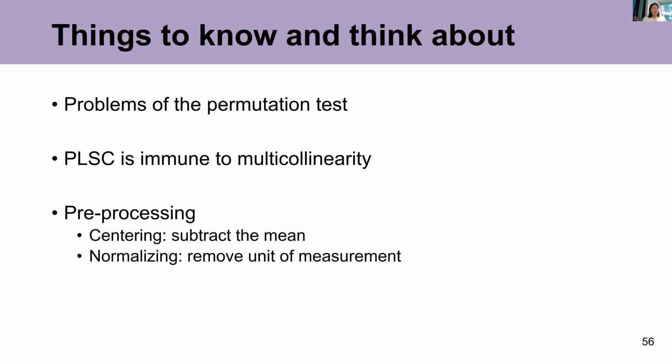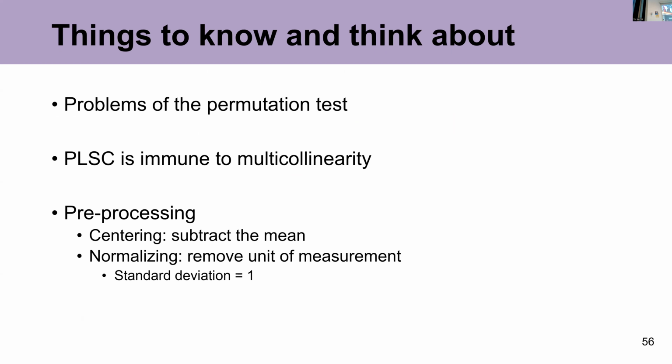You always center and normalize so that you can compare them because you want to remove the units. And this is the same in PLSC. Before you extract components, you always center and normalize. And these are always, I think, default in most of the functions.